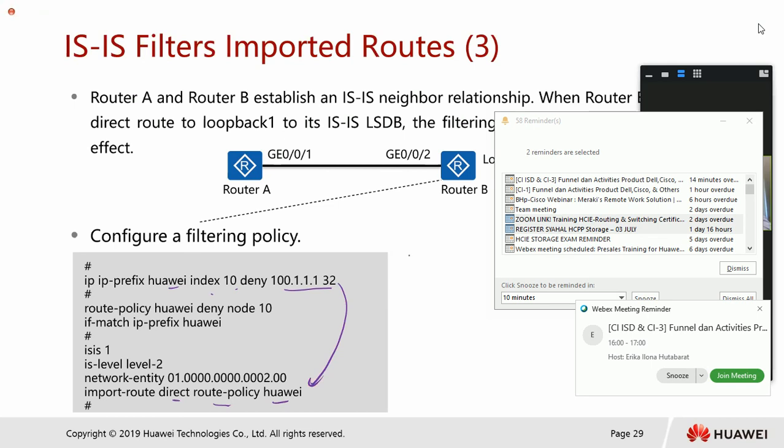So you should do this: IP prefix Huawei, deny 100.1.1.1 32, and follow with another permit 0.0.0.0 0 less-equal 32. You need to allow the rest. You cannot say that you only want to deny one.